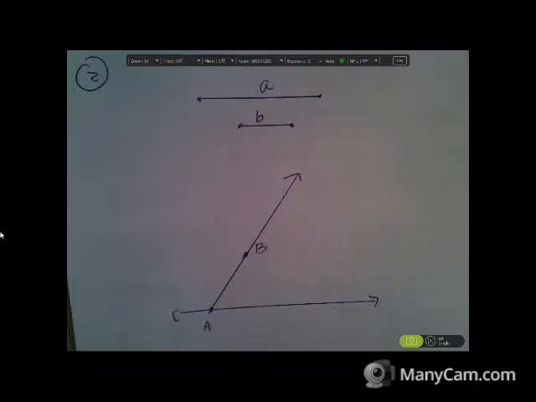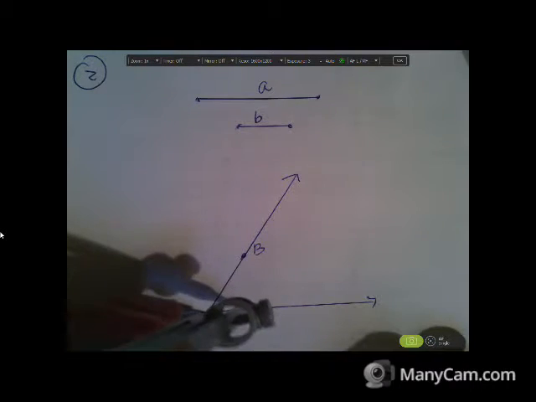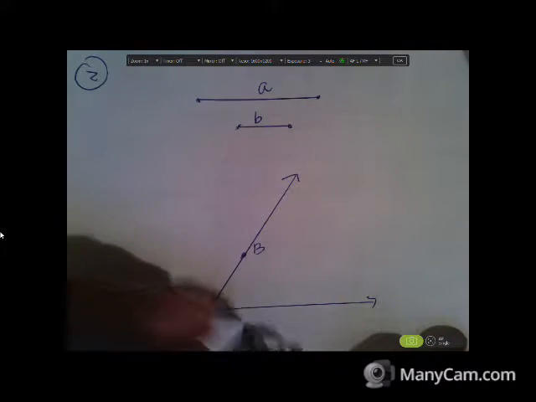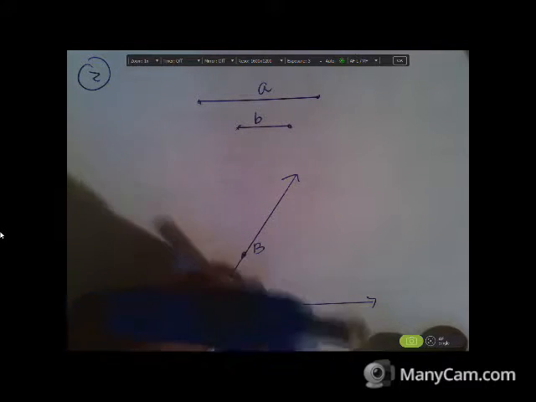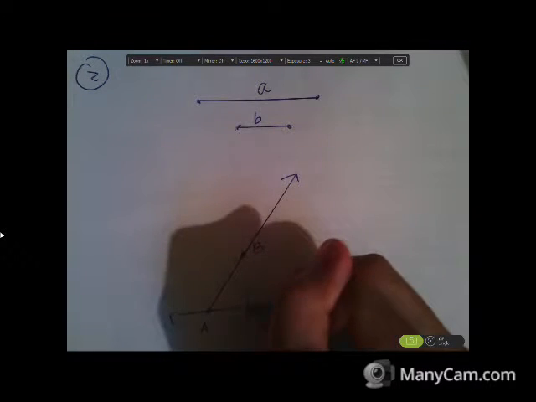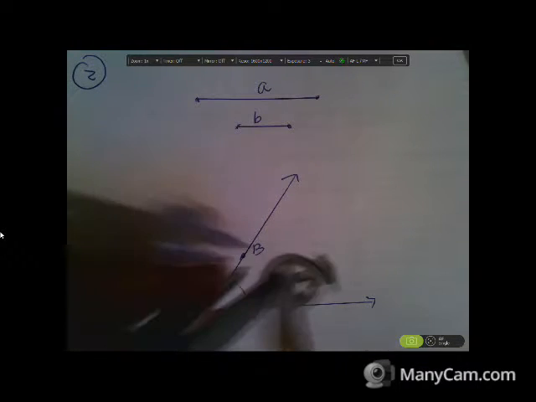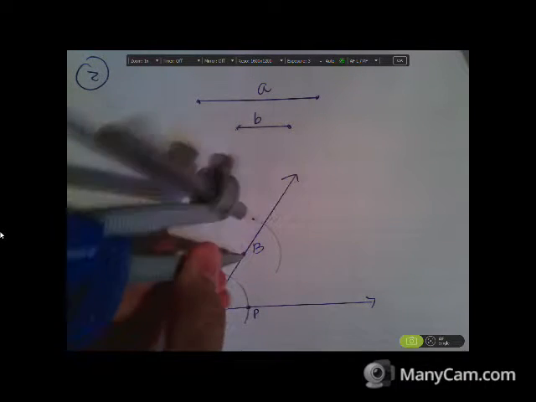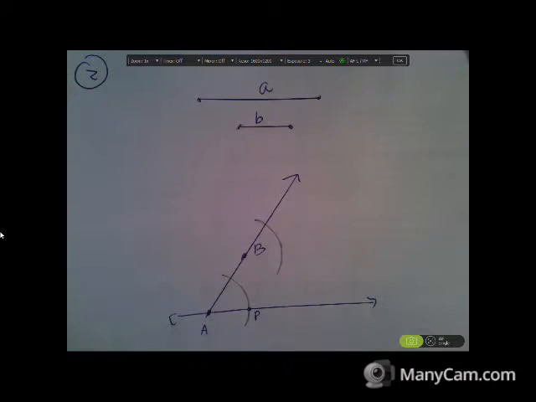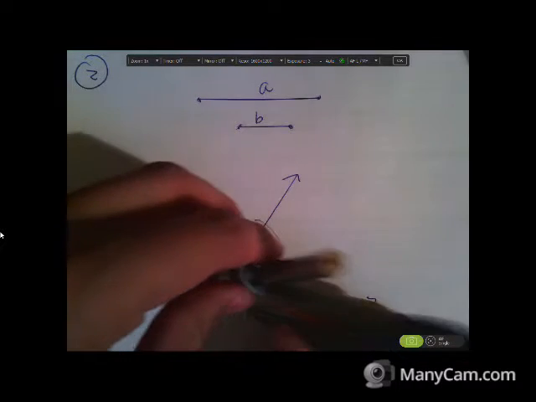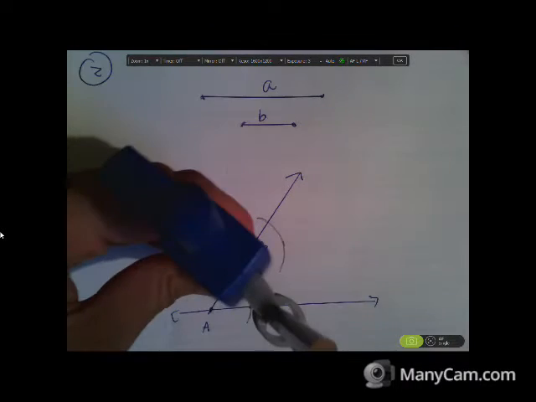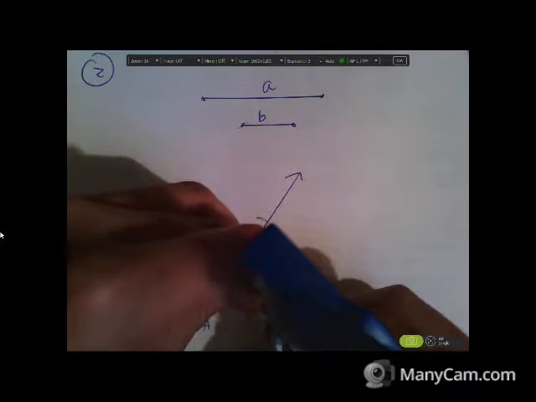Alright, after that, I'm going to construct another set of parallel lines. So again, I'm going to measure any width between A and here, and I'm going to label this P. Alright, so I'm going to do the same over here. After that, I'm going to measure from here to here.